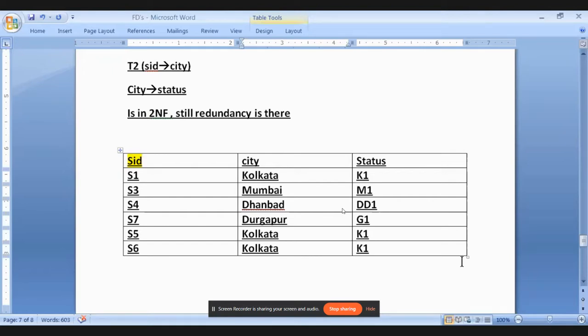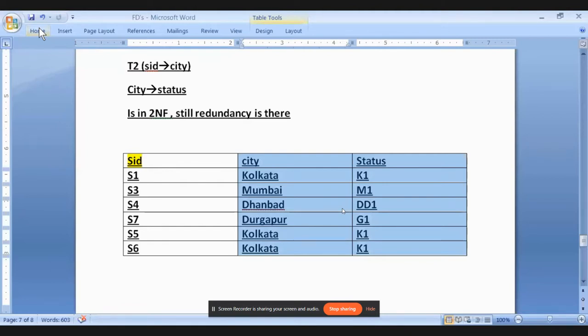No non-key attribute is transitively dependent on the candidate key. Written? Everybody has written? Yes, ma'am. All of you have written this? Okay.